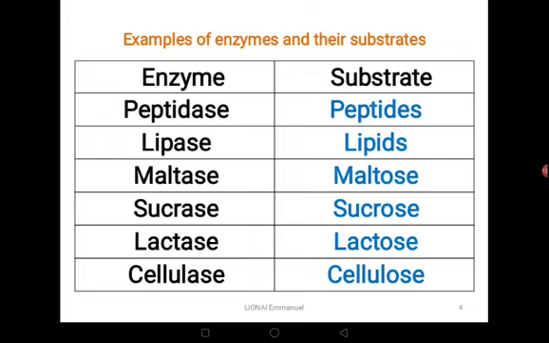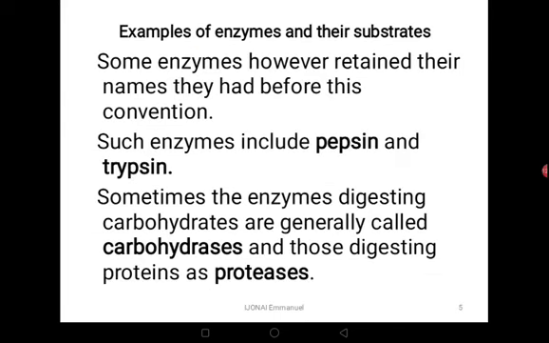So you have seen how interesting it is. You just replace the suffix of the substrate with "ase". Maltose, maltase. Sucrose, sucrase. Lactose, lactase. Cellulose, cellulase. And so on and so forth. That is how we carry out nomenclature of enzymes. If you know the substrate, you can easily name the enzyme as well by adding the suffix "ase".